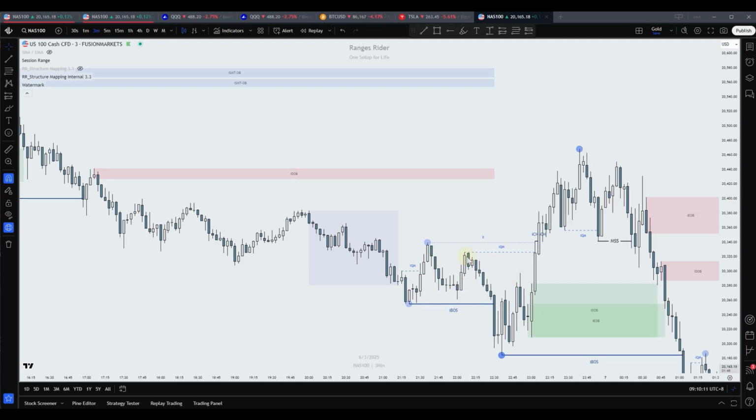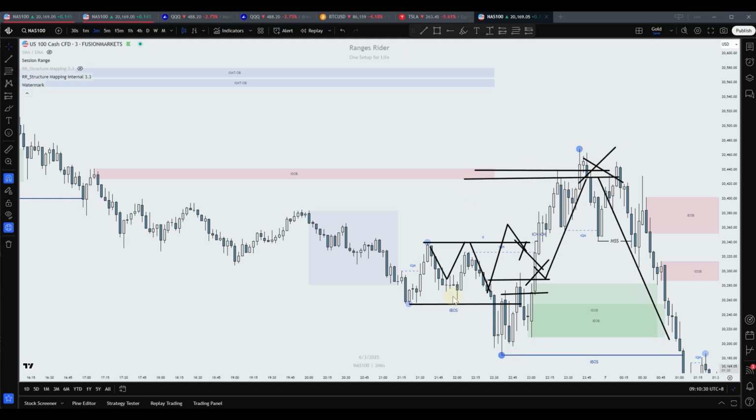So that's why if this becomes a market structure shift, let's say this is the failure and this is the market structure shift, now from here we are looking for buy until here, and from here we are looking for sell until here. Okay, so I hope it makes sense.